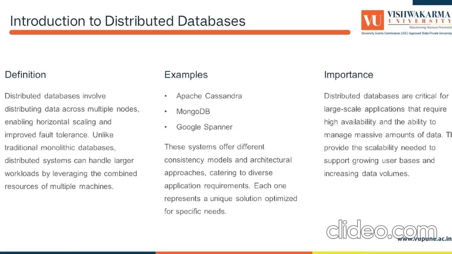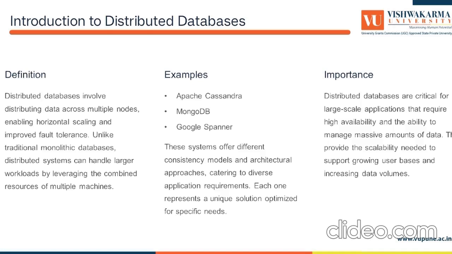Introduction to distributed databases. Definition: a distributed database involves distributing data across multiple nodes, enabling horizontal scaling and improved fault tolerance. Unlike traditional monolithic databases, distributed systems can handle large workloads by leveraging the combined resources of multiple machines.